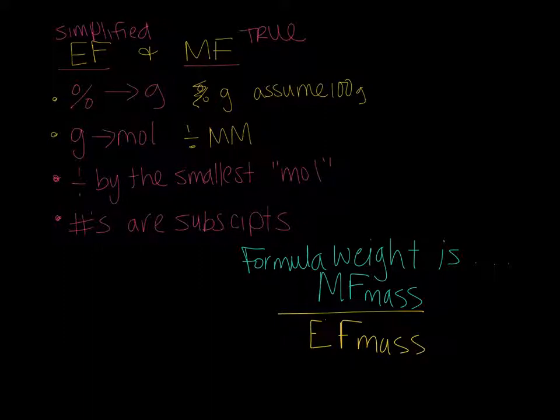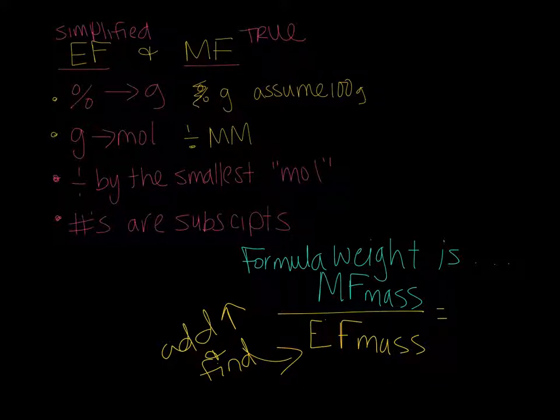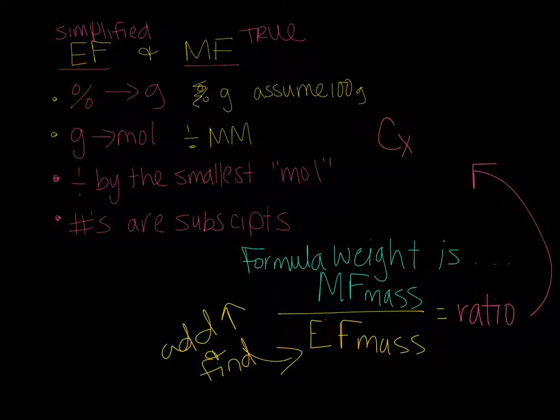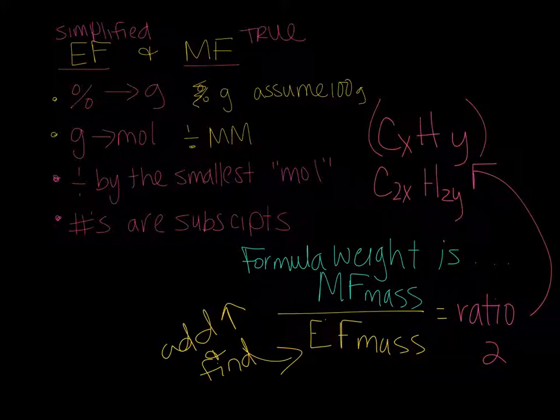So you're going to add up and you find this. Okay, once you have that, you're going to divide that and you're going to get a ratio. This ratio, so I'll just put CxHy, right? You're now going to take that ratio and multiply it by this entire thing. So let's just say the ratio was 2. You would now have C2x, H2y. So you're just going to multiply the subscripts by that, okay?